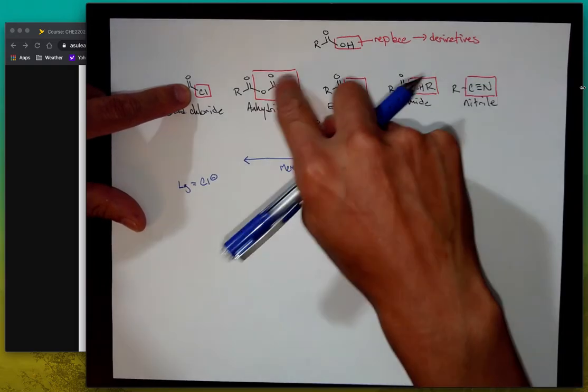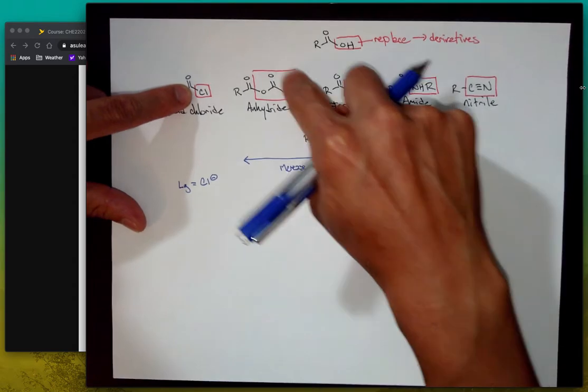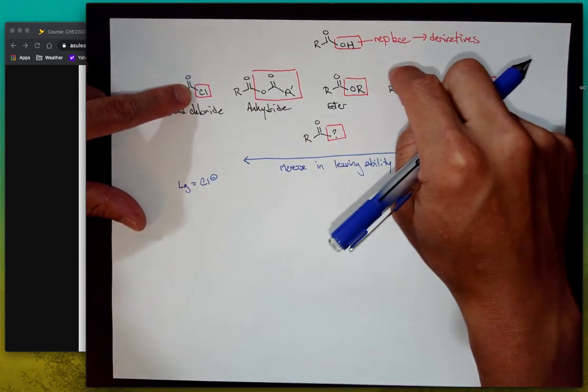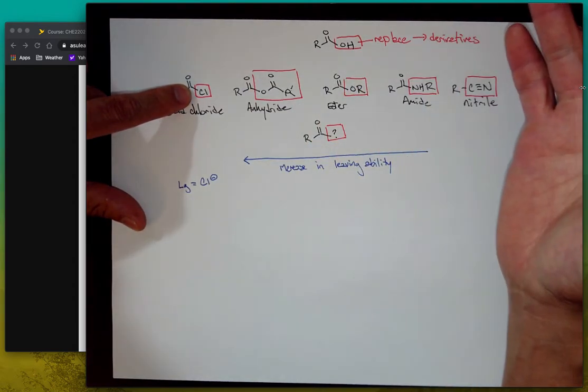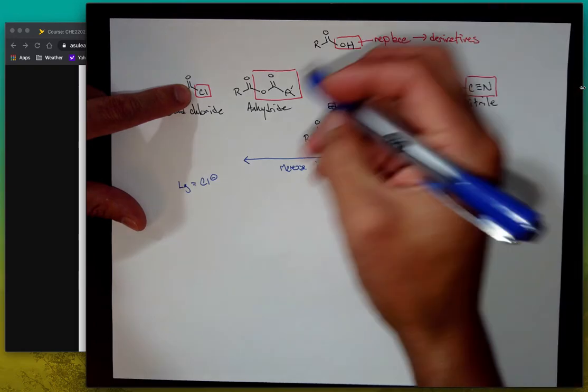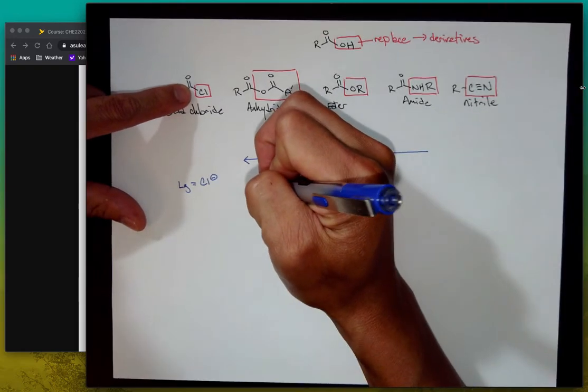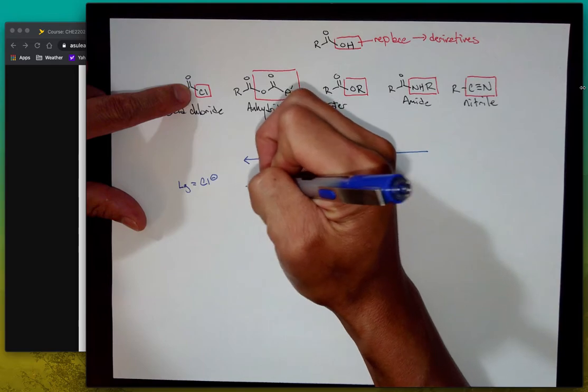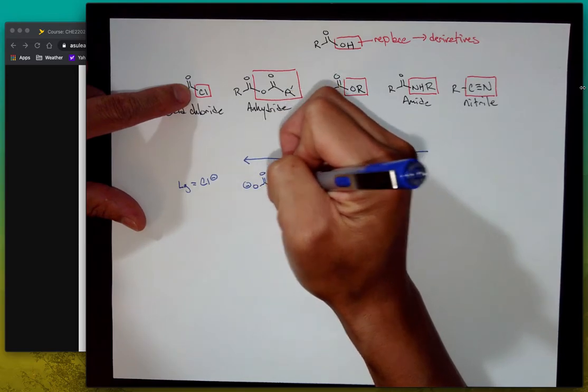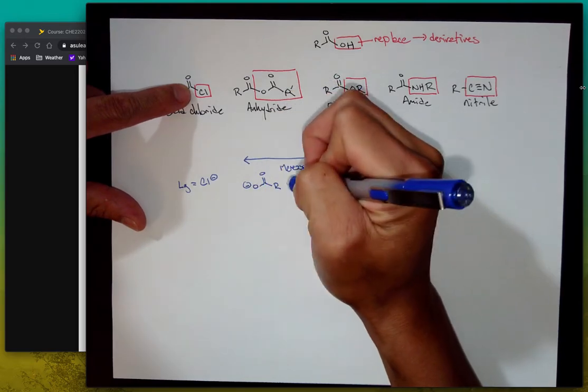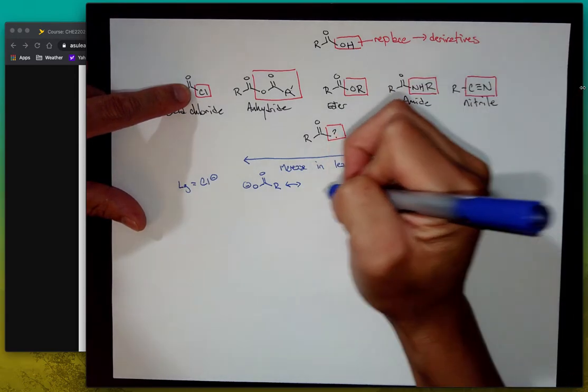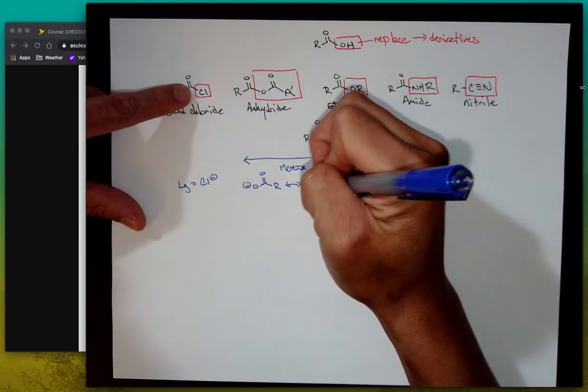If we were to displace this anhydride with maybe something else in these carboxylic acid derivatives, the leaving group from this species would be this acetate group. And this thing is resonance stabilized.